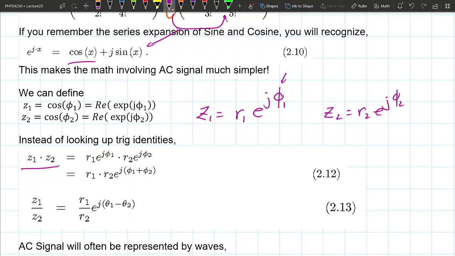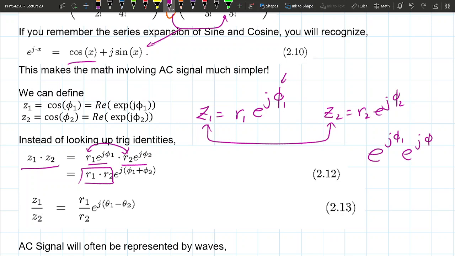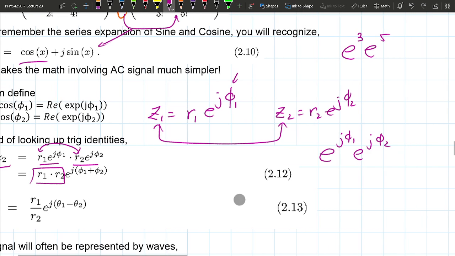Well, if I want to multiply these two numbers together, z1 times z2, these two factors just collect in front. When I multiply e to the j phi 1 times e to the j phi 2, what should I do with the exponentials? What's e to the 3 times e to the 5?